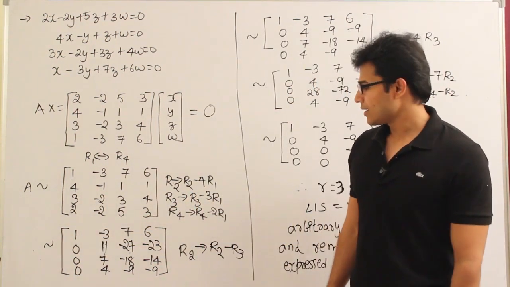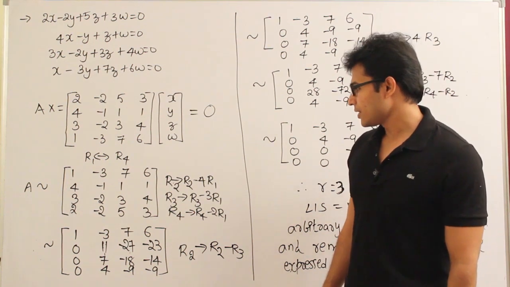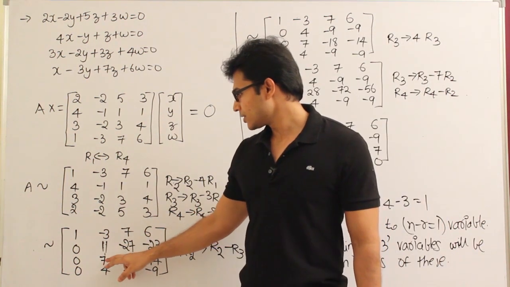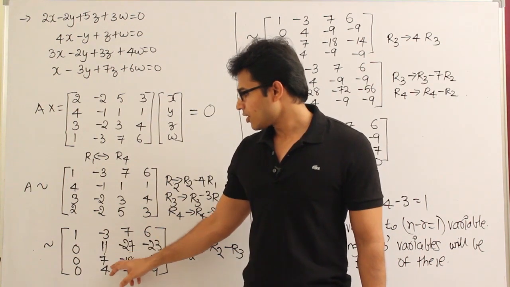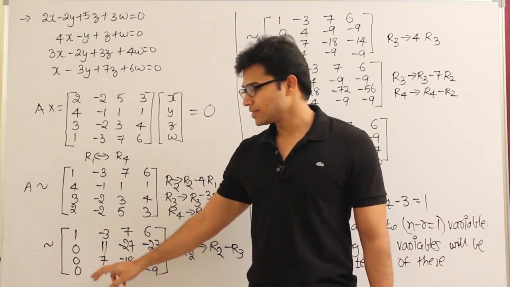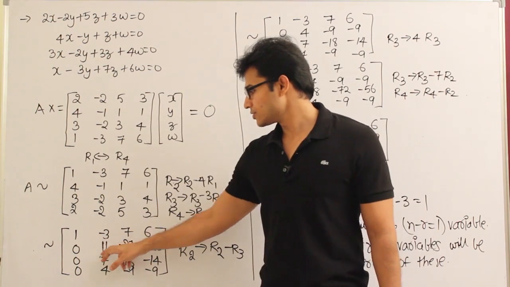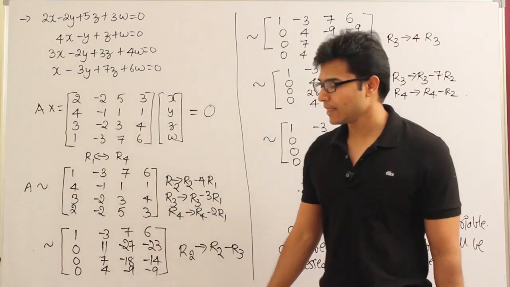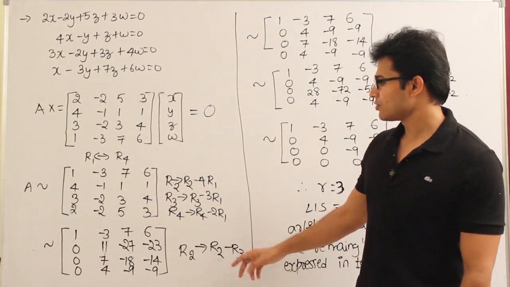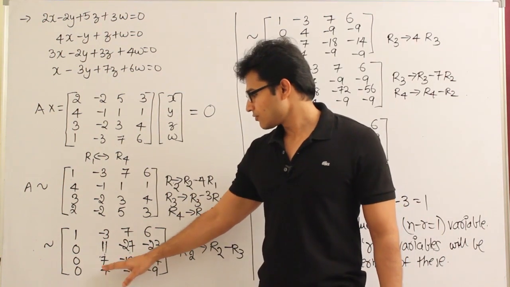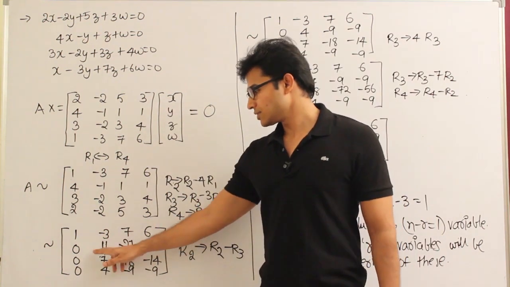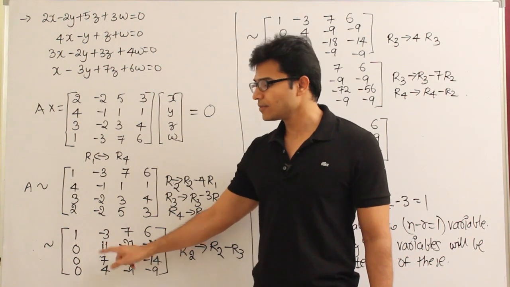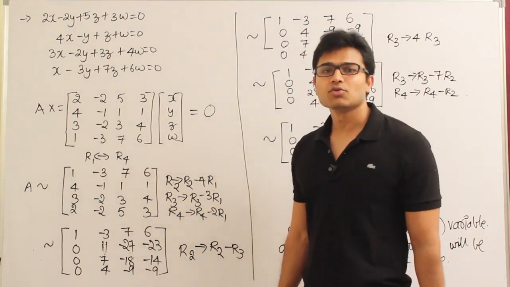Okay. Next, using this element, I want to make the remaining two elements zeros. For that, I'll subtract this from R2 so that this one will become 4, then both of them will be equal. That is one way to do it.